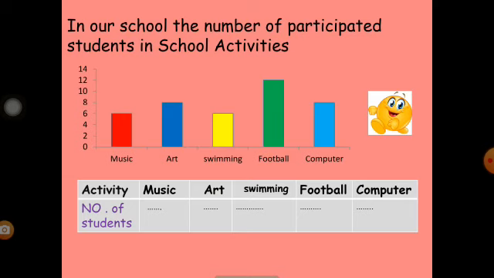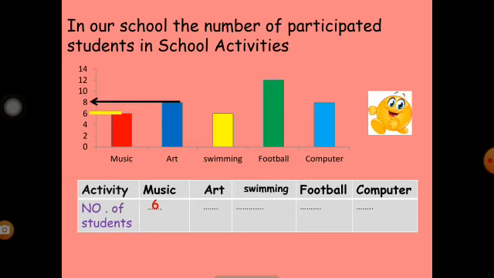So the first one is music. How many students participate in music? Super, it's 6 students only. So how many? It's 6. Okay, on art, how many students? It's 8.